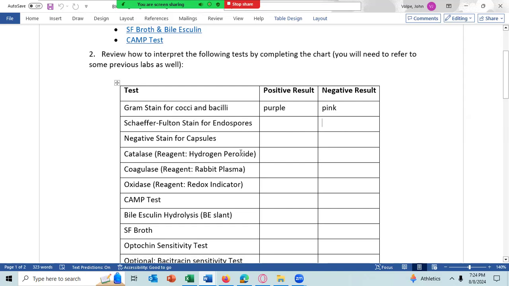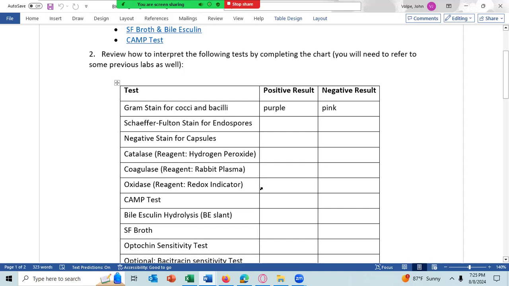For the catalase test, when you add the cells to hydrogen peroxide, state the positive result and the negative result. For the coagulase test, which I think was done in the last lab, give me a positive result and a negative result. For the oxidase test, the same thing.